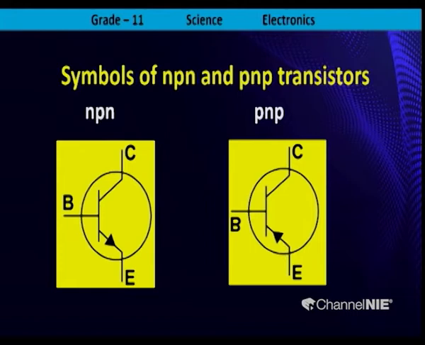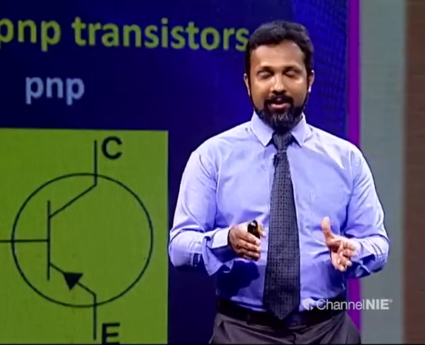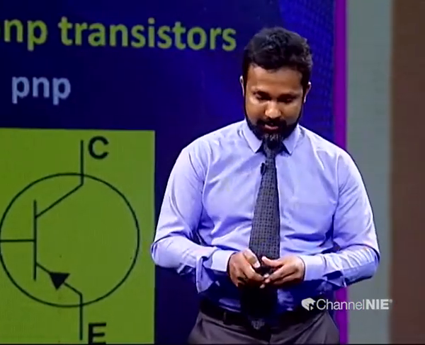But when we draw our attention on Pnp transistor, the arrowhead is pointed away from the emitter. That's the main difference that we can see among the symbols of Npn transistor and Pnp transistor.